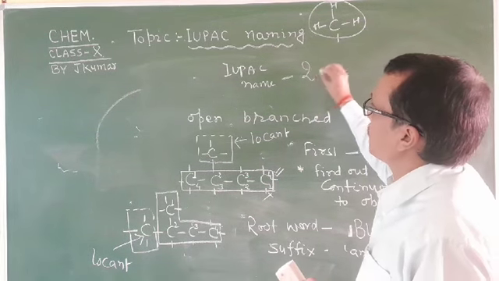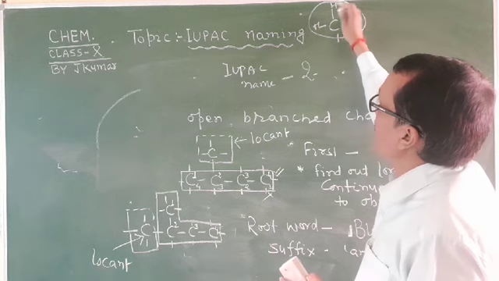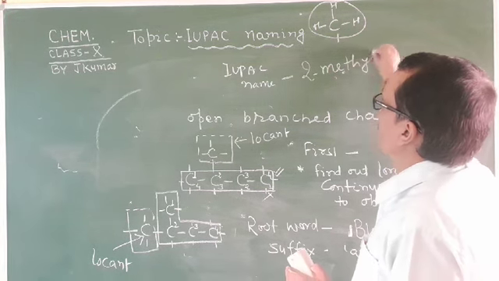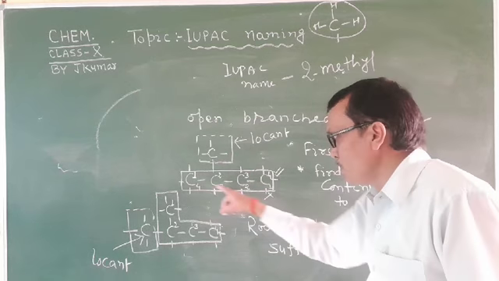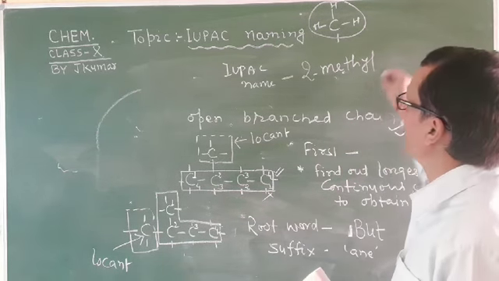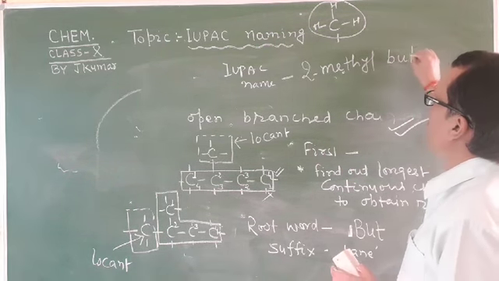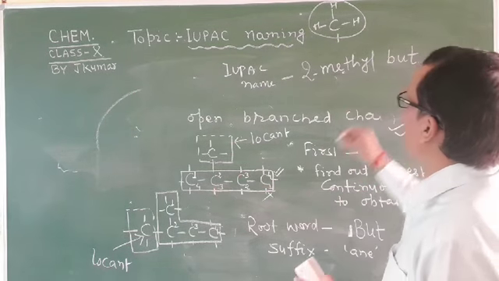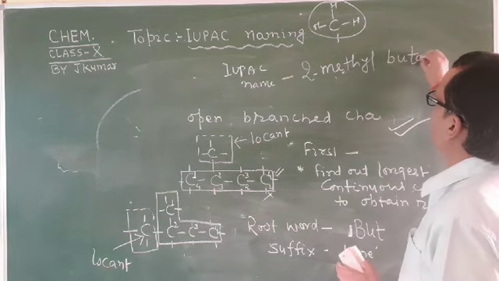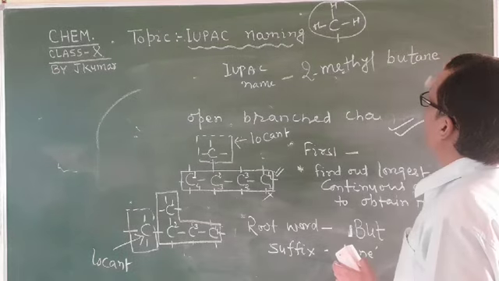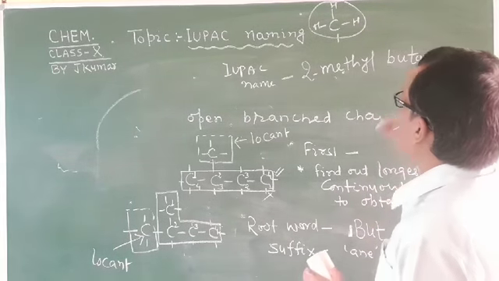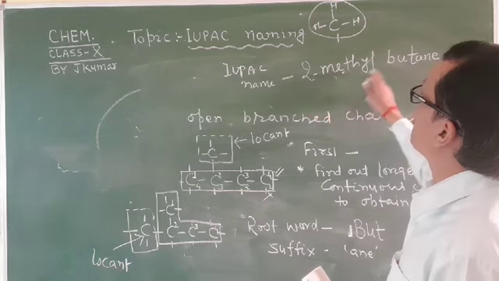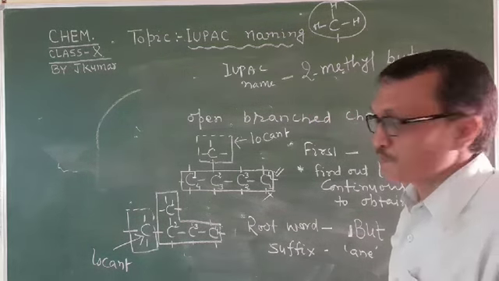So first of all 2 hyphen and the name of the locant, methyl. So 2-methyl. Now the longest chain is of 4 carbons, so root word but, and the chain is saturated, meaning everywhere a single bond is present. So ANE is the suffix you have to add to the root word, and thus the name of this compound is 2-methyl butane.